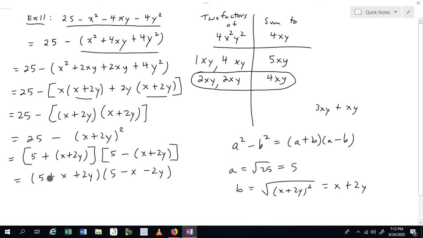Now to do that, probably the most efficient way of doing this is to take this 5 and multiply it by all 3 terms, and then take the x and multiply it by all 3 terms, and then take the 2y and multiply it by all 3 terms. And you'll end up with 9 terms, and some of them will be like terms, and it will condense down to 4 terms. Okay, in fact, it will condense down to these 4 terms. Okay, so that's how this one factors.